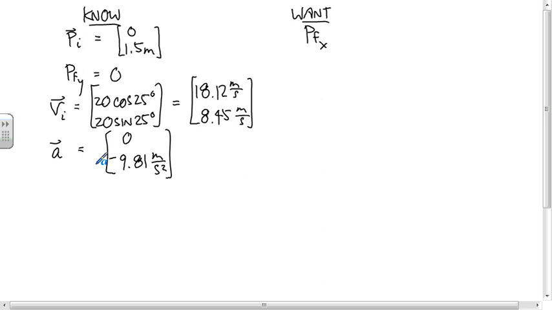And equation 3 almost works, but we don't know VFX. And equation 1 doesn't work because we don't know V final X. Well, that one isn't even close to working. So nothing works. That means that we're going to try to find an intermediate variable.